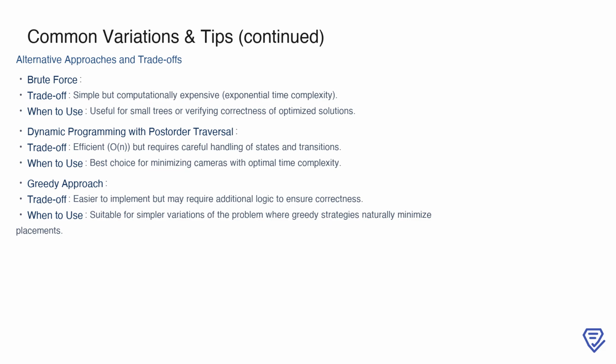However, it requires careful handling of states and transitions, so it demands a deeper understanding of how to model the problem. On the other hand, the greedy approach is easier to implement and can work well for simpler variations of the problem. However, it may require additional logic to ensure correctness, especially in edge cases where greediness alone doesn't guarantee the optimal number of cameras. Choosing the right approach depends on the specific variation of the problem and the constraints you're working with.